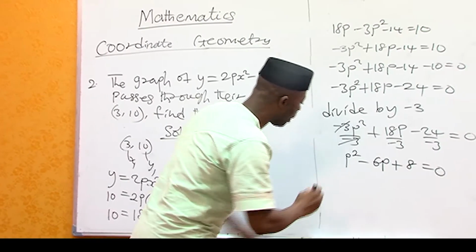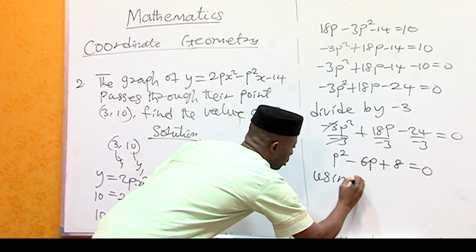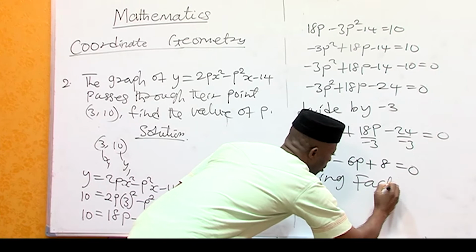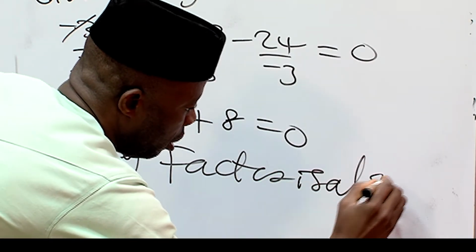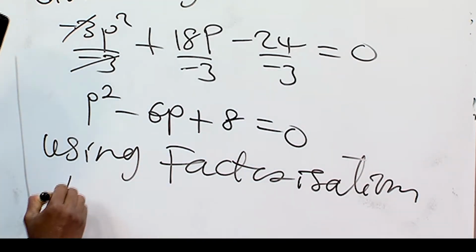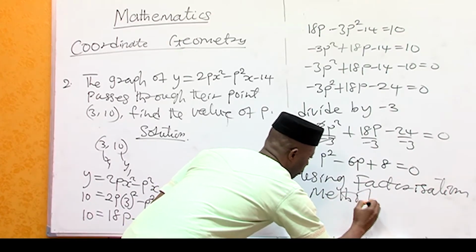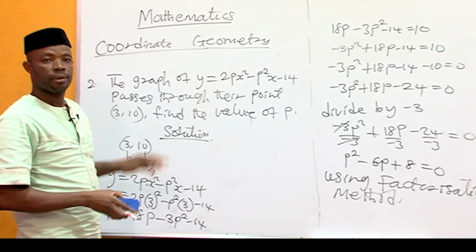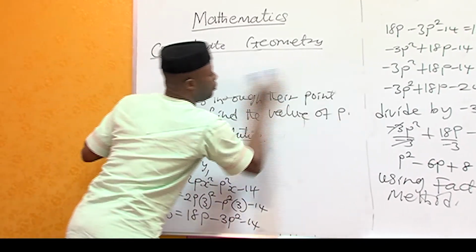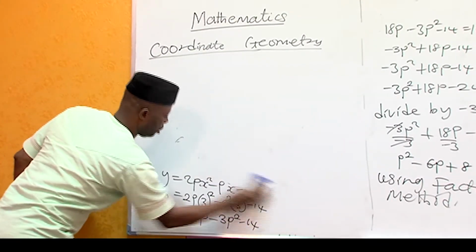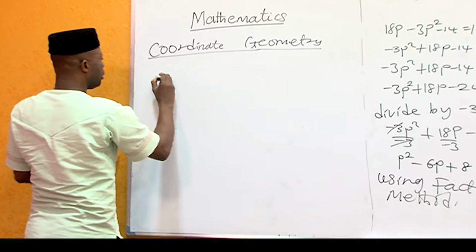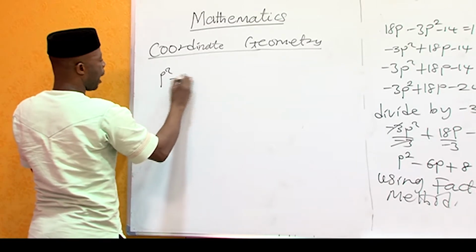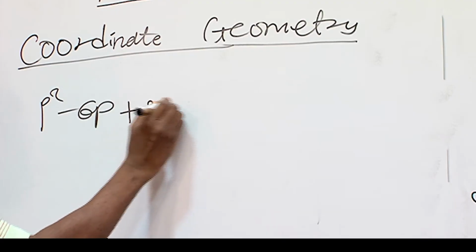So we have p squared minus 6p plus 8 equals 0.